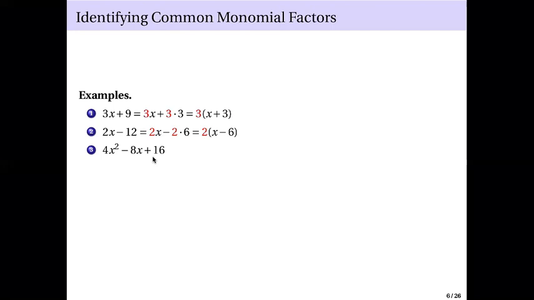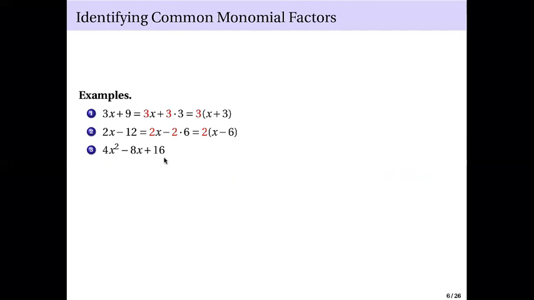Okay? And in this case, we have a 4 here. We can also get a 4 from 8, that's 2 times 4. And we can also get a 4 from 16, that's 4 times 4.